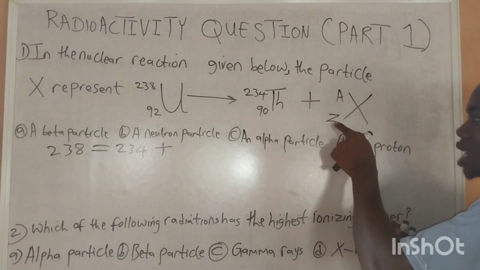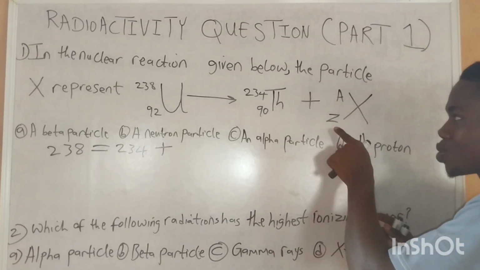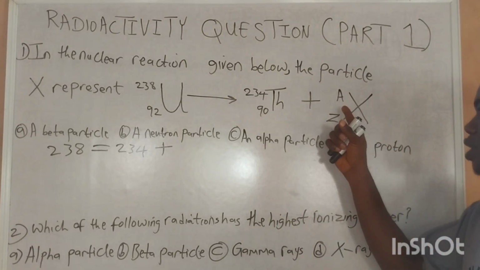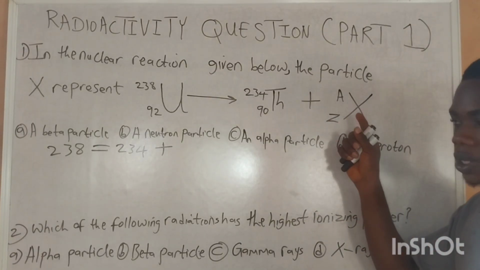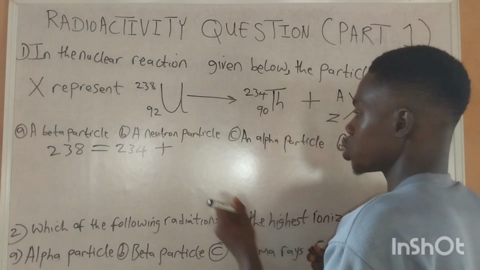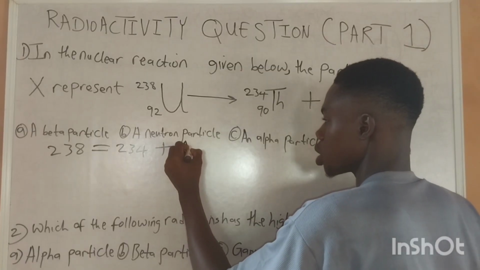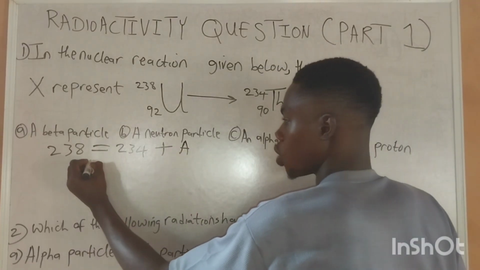We don't know the particle, so we don't know its mass number or its atomic number. Since we don't know the mass number of the particle, we call it A. So it will be 238 = 234 + A.